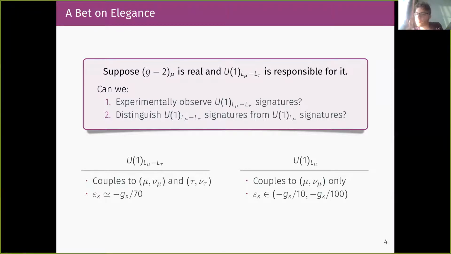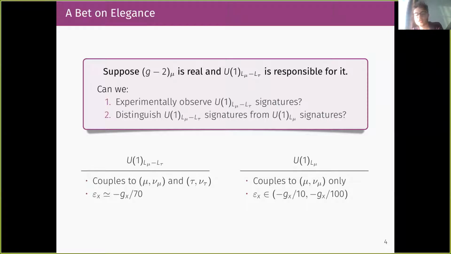But for the generic L mu, because of that extra fermionic content that we have to add to cancel all the anomalies, if we want to be generic and phenomenological about it, then we can let that mass scale run from, say, the electroweak scale to the GUT scale. And we therefore get a range of the kinetic mixing values that are allowed. And this range will be between around minus g_x over 10 and minus g_x over 100.